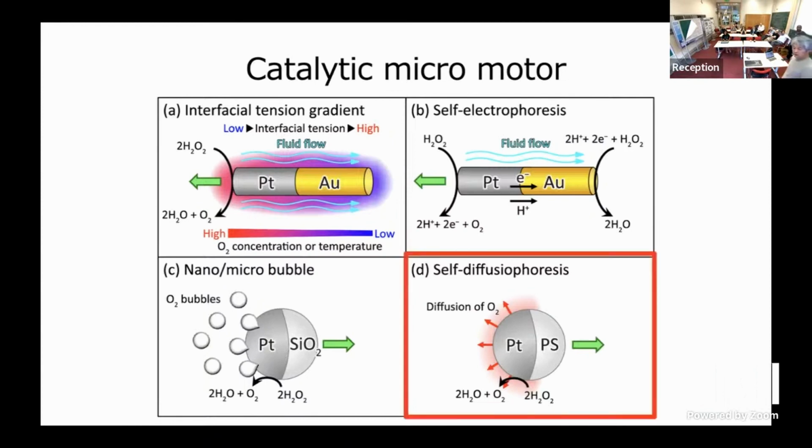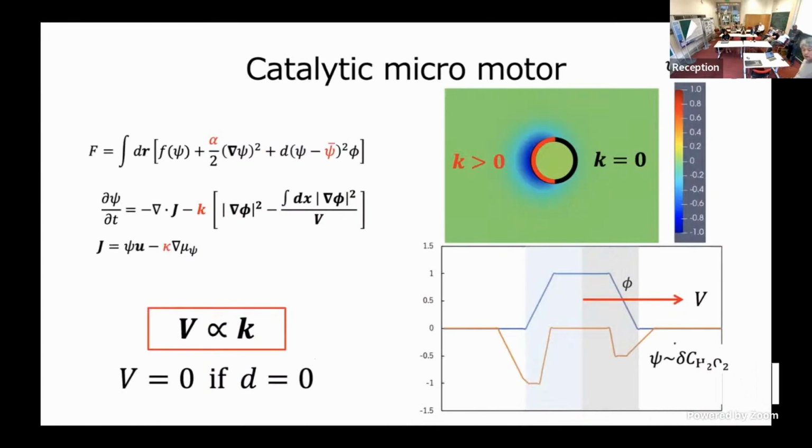We implemented a numerical model for that, and introduced a chemical reaction on one hemisphere; on the other hemisphere, the rate of chemical reaction is 0. The model is this. This is the chemical reaction term.